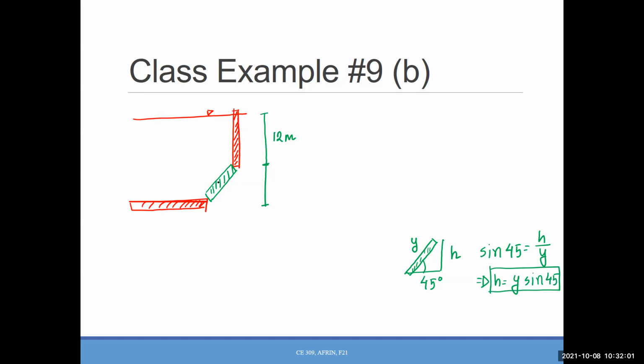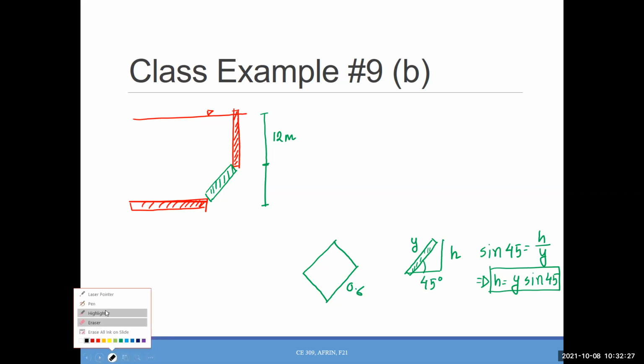Now this gate, do we know the dimension of the gate? What is the dimension of the gate? 6 by 6 square gate, right? So this one is, sorry, 60 centimeter. That means 0.6 meter and 0.6 meter on the other side, right?